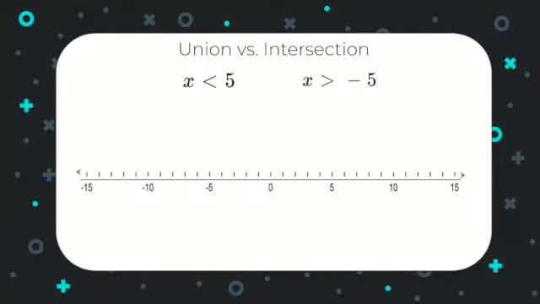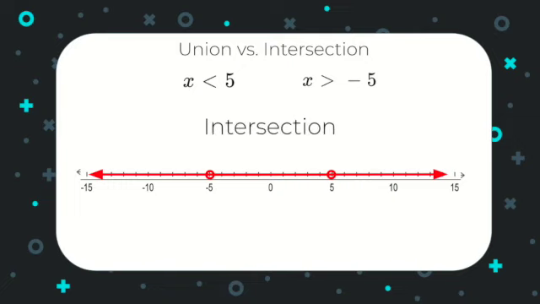Okay, visually, from our two examples previously, the intersection is where these two lines overlap, like so. So from negative 5 to positive 5.